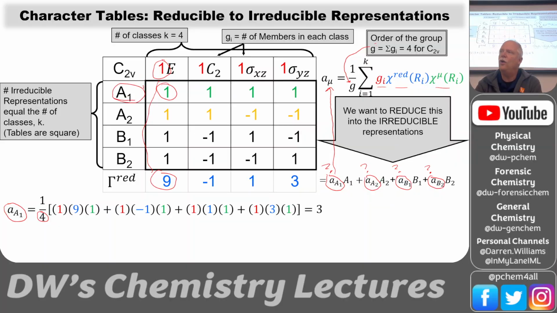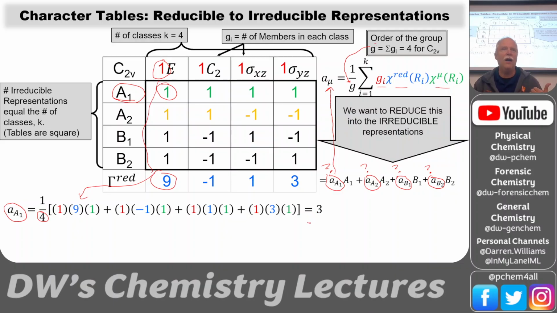So we do it one row at a time. So all three of these numbers times each other, added to the next three numbers, added to the next three numbers, added to the next three numbers. So we've got 9 minus 1 is 8, plus 1 is 9 again, plus 3 more, okay, 10, 11, 12. So we have 12 divided by 4 is equal to 3.